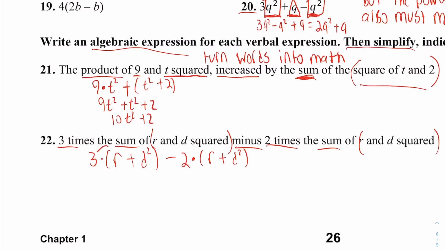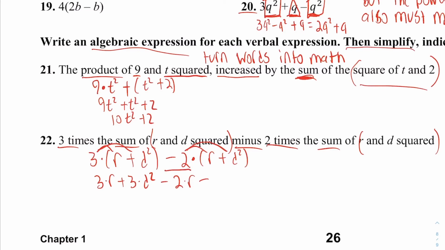And then here I have 3 that's going to multiply. 3 times r plus 3 times d squared minus 2 times r. And then this is plus, oh wait. Because this is a negative 2, it's not just a 2, but there's a minus sign in front.